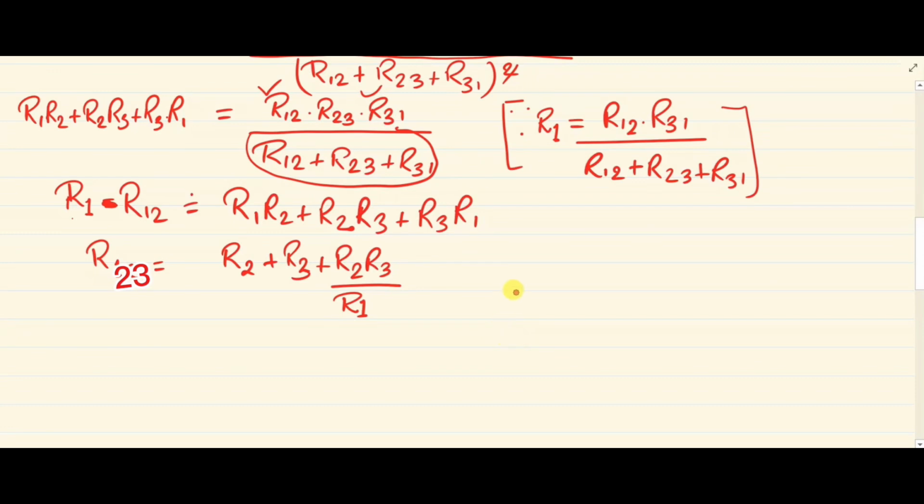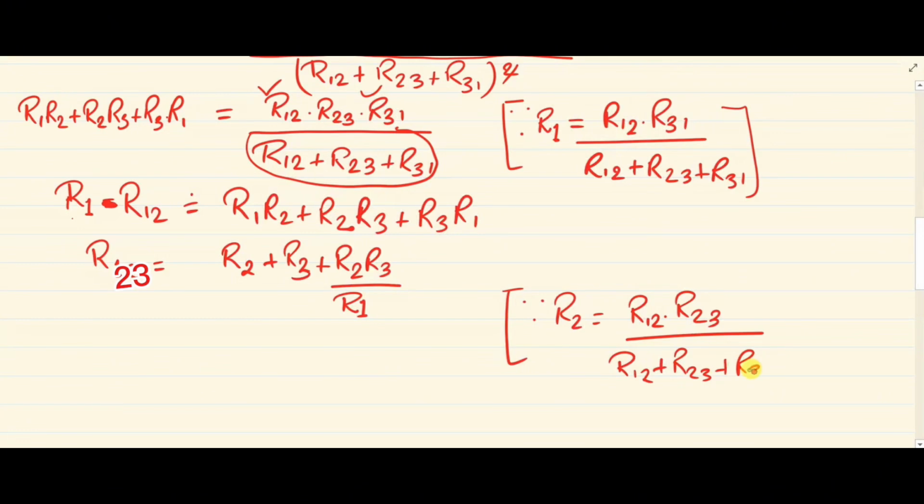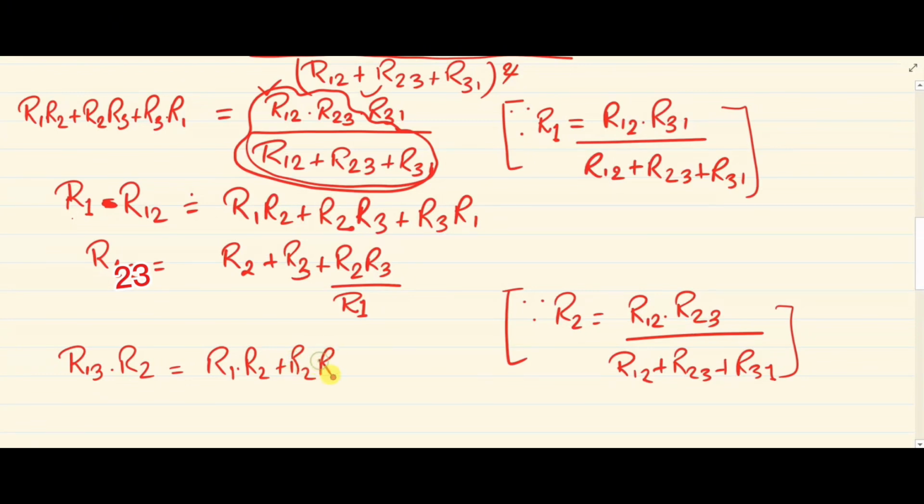Similarly, if you substitute the value of R2 here, which is R12 times R23 upon the sum of R12 plus R23 plus R31, you will replace this complete expression by R2. If you do so, you will find the value of R13. R13 times R2 will give you R1 R2 plus R2 R3 plus R3 R1.